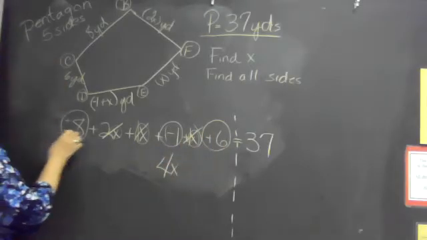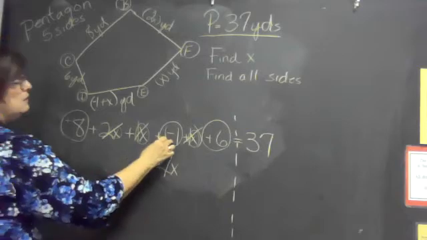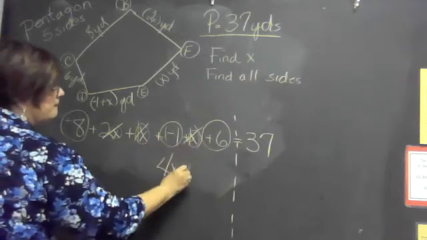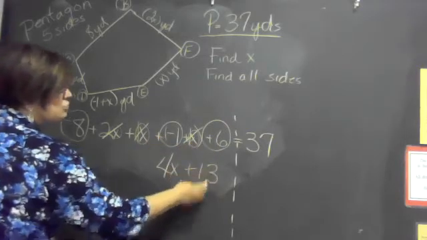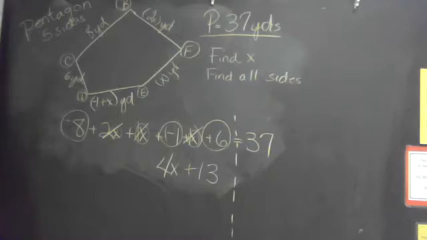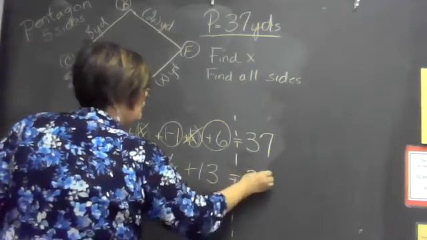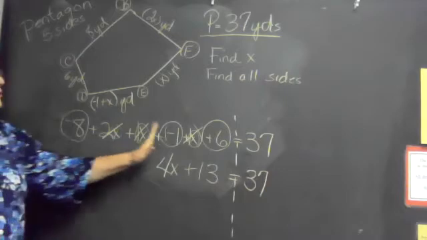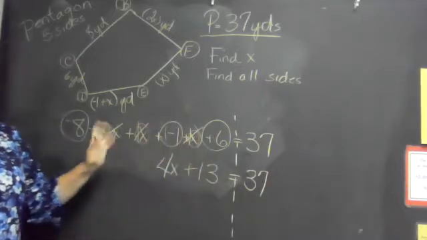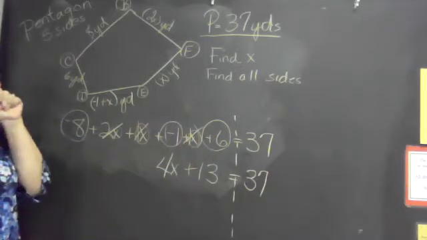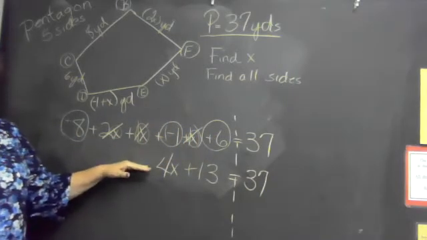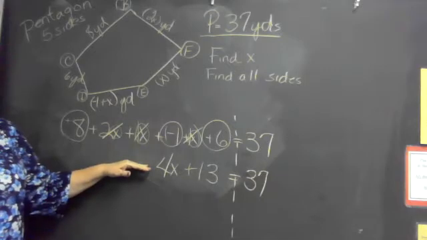So 8 minus 1 is 7, 7 plus 6 is 13. It looks a lot better than being strung out, doesn't it? Yes. A lot better. Okay, and that equals 37. Now the reason we added those up is because they're all on the same side, so you don't have to move stuff. Now you have a very simple equation now that you know how to do this.